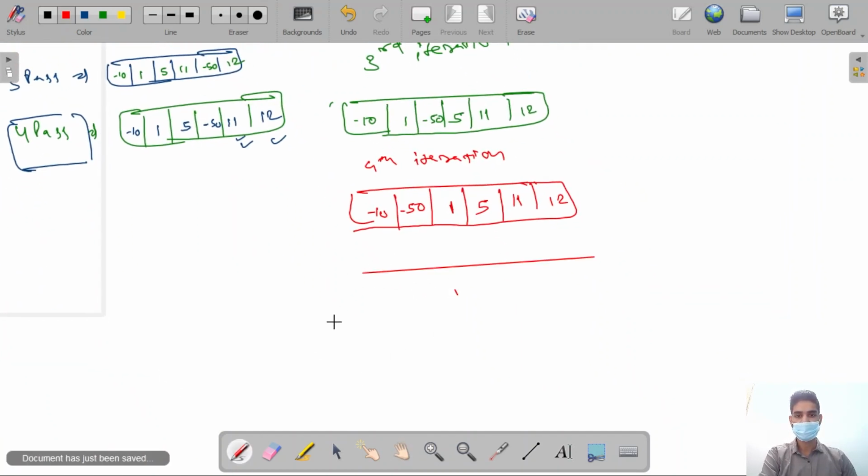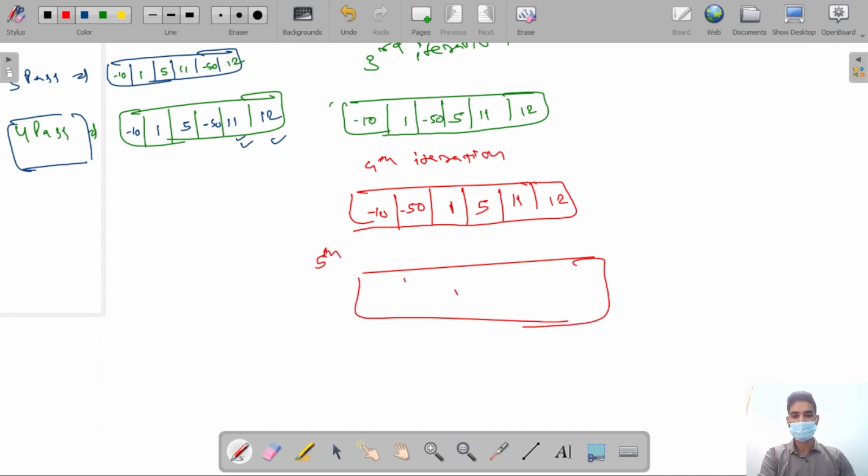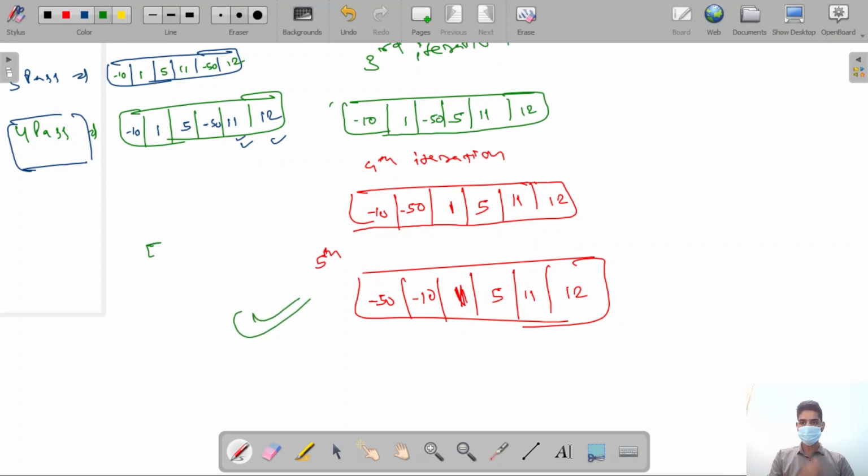Now, the fifth iteration: 1, 2, 3, 4, 5, 6. Here 1, 5, 11, 12 will remain the same. Minus 50 will come here, and minus 10 will come here, and you can see the array is sorted.